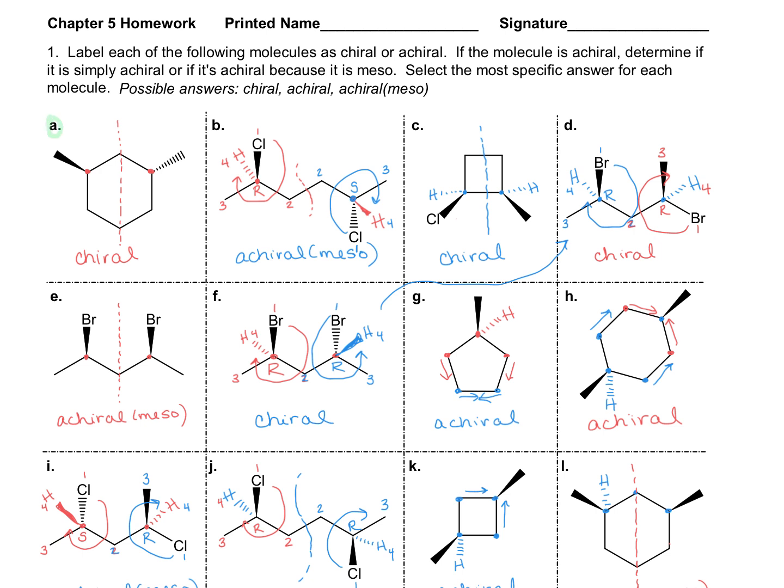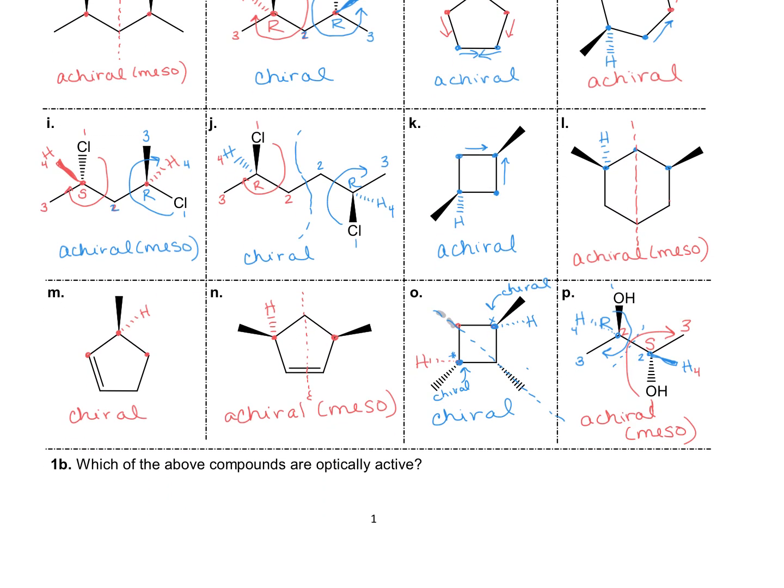So we'll say A is chiral, C is chiral, D is chiral, F is chiral. So A, C, D, F. And then from below here, we have J, M, and O. So those are all going to be compounds that rotate light, and that is all because they are chiral.